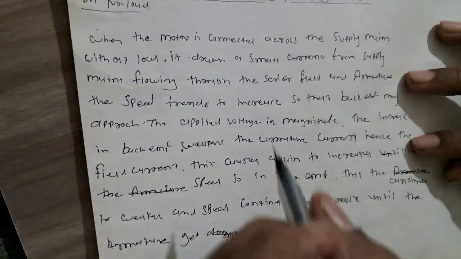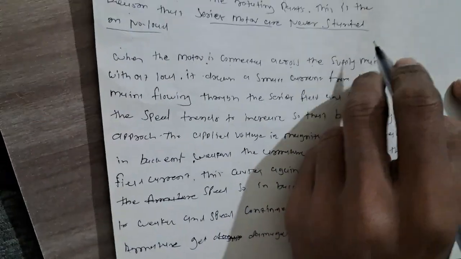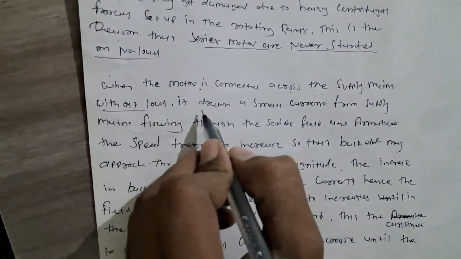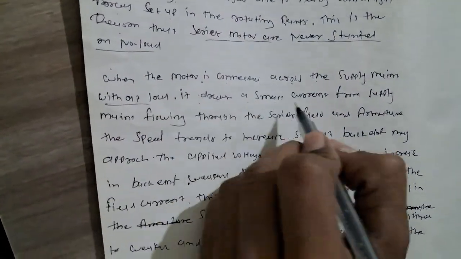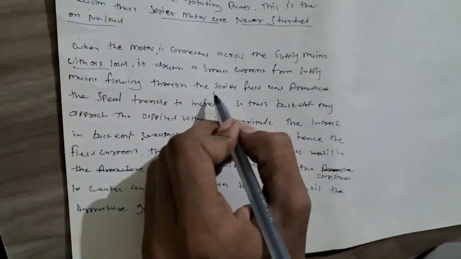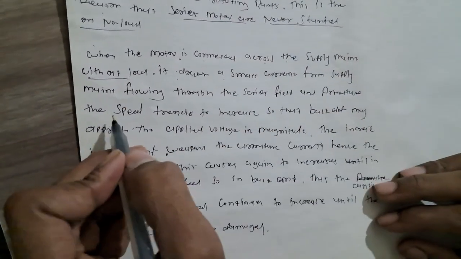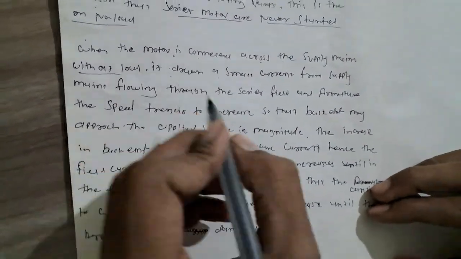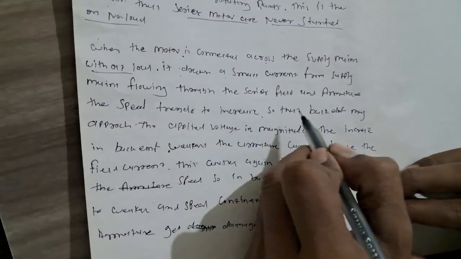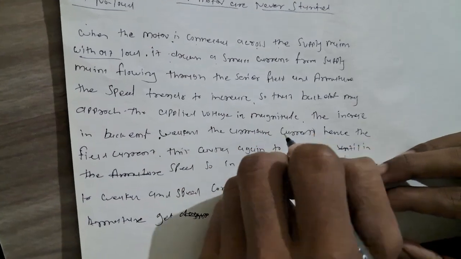Okay, so when the motor is connected across the supply mains without load, it draws a small current from the supply mains flowing through the series field and armature. The speed tends to increase so that back EMF may approach the applied voltage in magnitude.